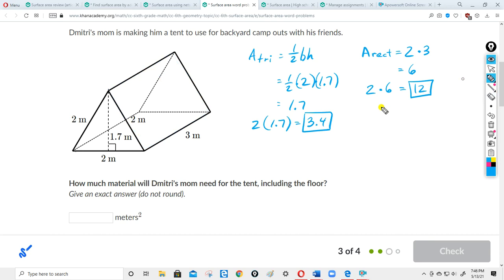Now finally you want the one on the bottom. It looks like it's the same thing, 2 by 3. It's just going to be 2 times 3 for the bottom, so that's also 6.